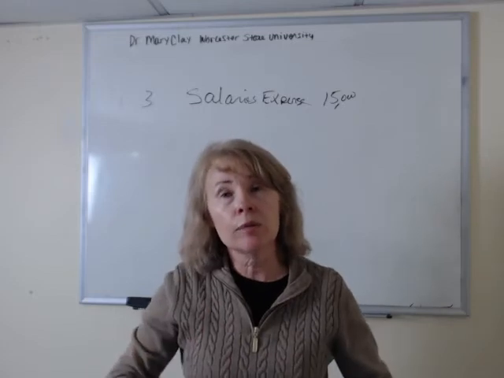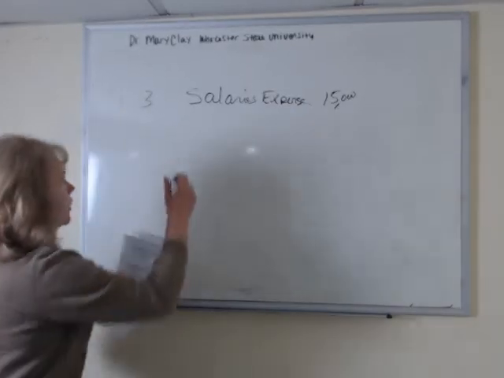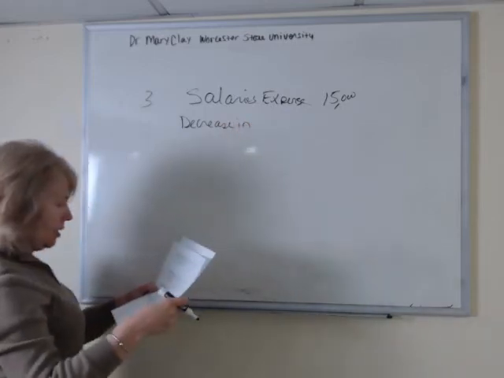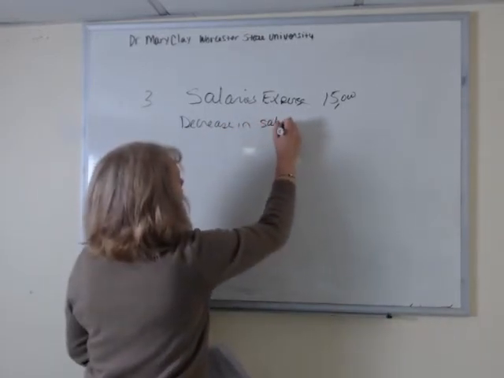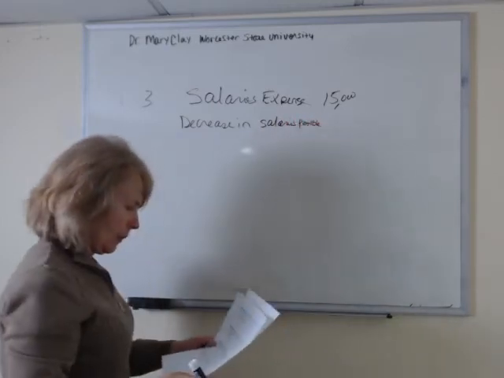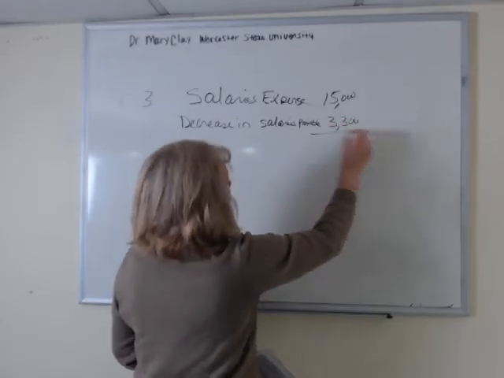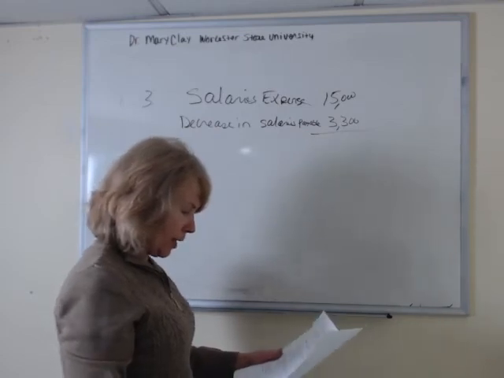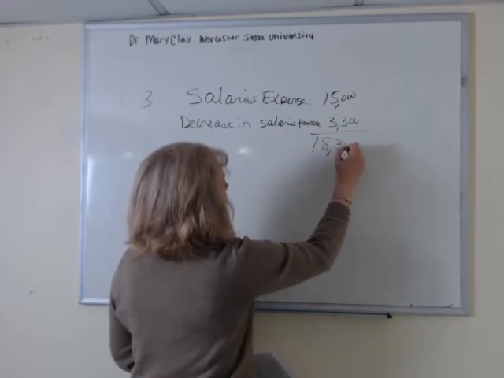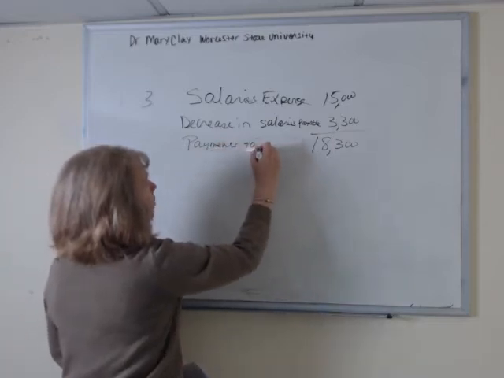This is the direct cash flow method. It will not make sense, so if it decreased, I'm going to add it, because it's a payment. Decrease in salaries payable, 3,300. I'm going to add that. So 15,000 plus 3,300 gives me 18,300. That is your answer for payments to employees.